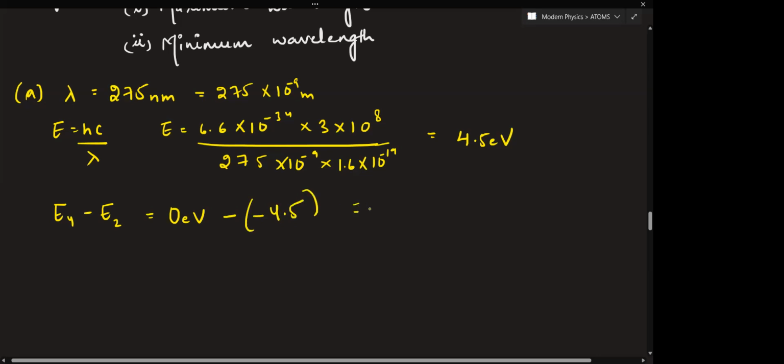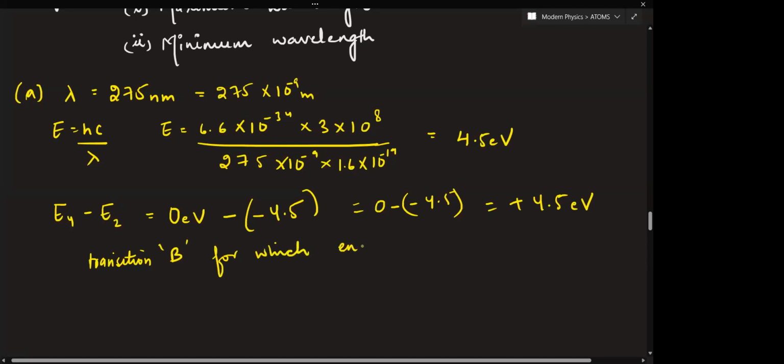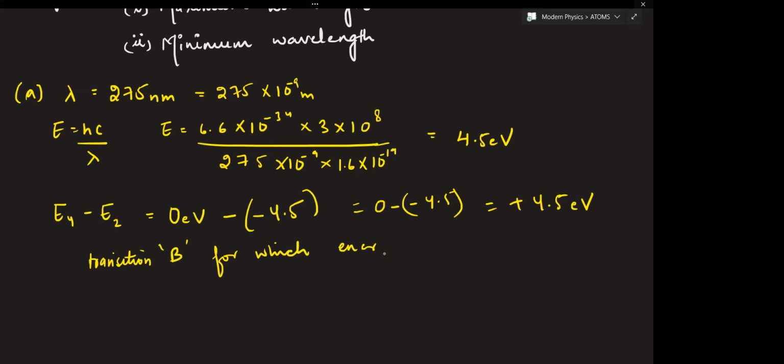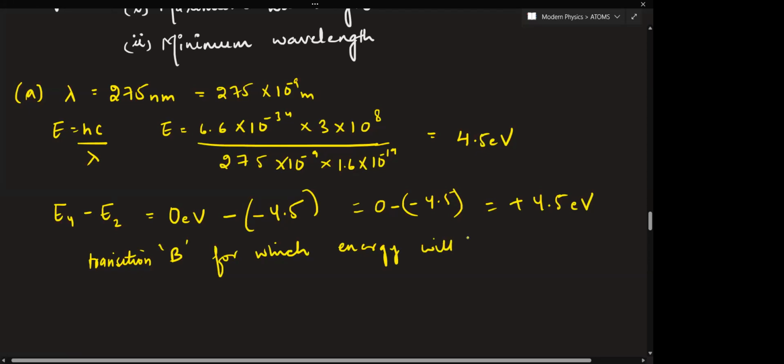So this is 0 minus of minus 4.5, which gives us plus 4.5 electron volt. And that's what we were requiring. So this energy corresponds to the transition B, for which the energy will be 4.5 electron volt.